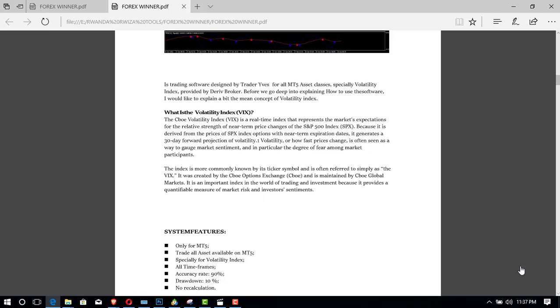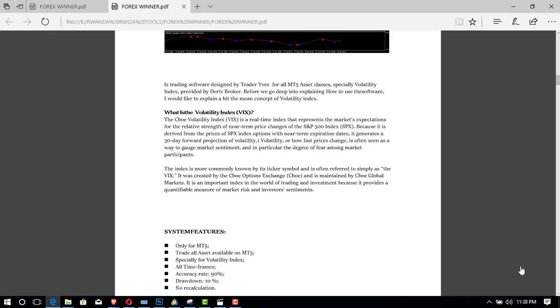The index is more commonly known by its ticker symbol and is often referred to simply as the VIX. It is created by the Cboe Options Exchange, Cboe, and is maintained by Cboe Global Markets.